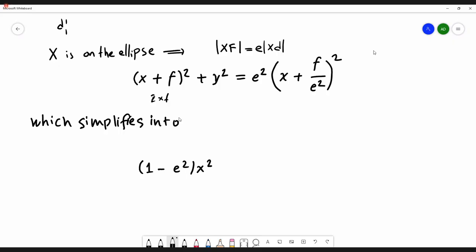And the second term here, xf over e squared times 2, but with this e squared cancelled, these terms will vanish. Then we will have here an f squared plus y squared.